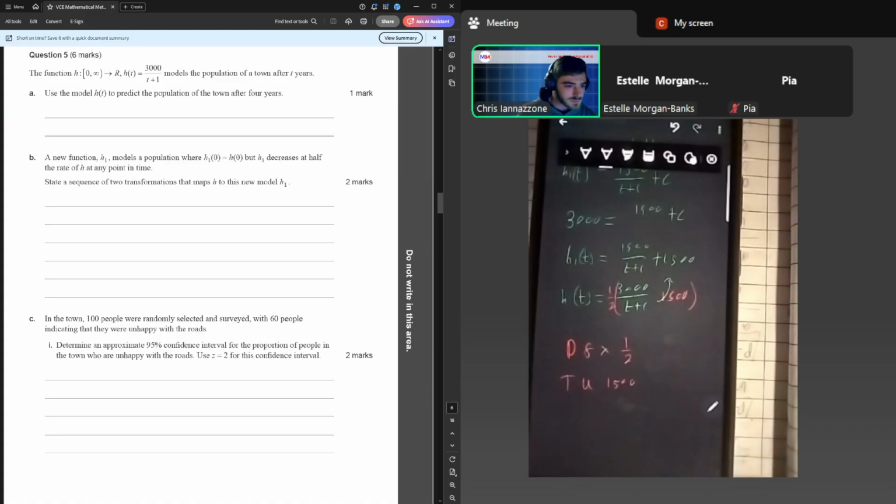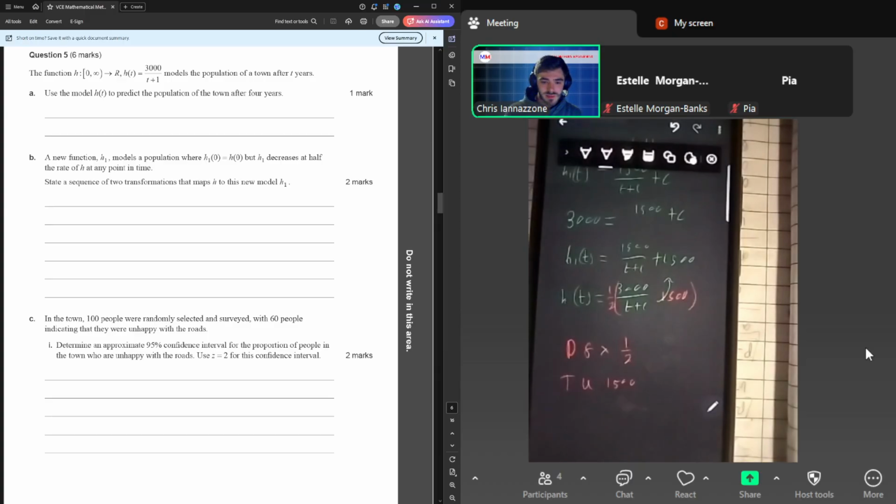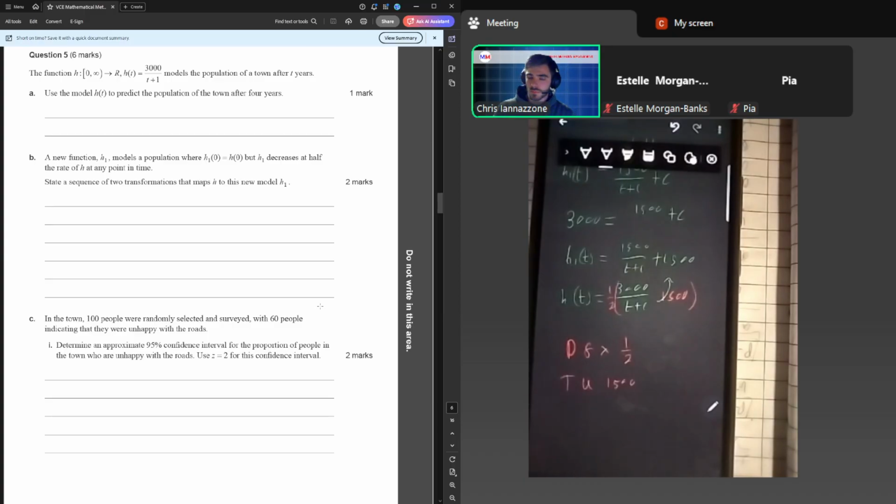Cool. There's probably not, but is there any possible way to do it without actually finding what h1 of t is, or is that the only way you can do it? Yeah, it's definitely the way the answers did it. Because fundamentally, to figure out where you're starting and where you're going, you need to know both of those things.